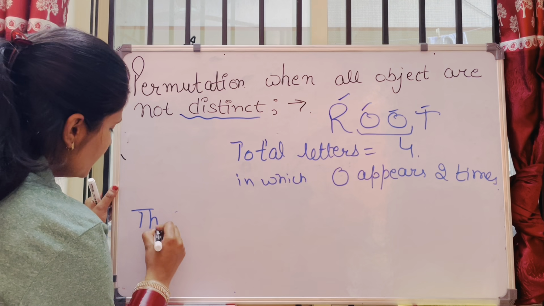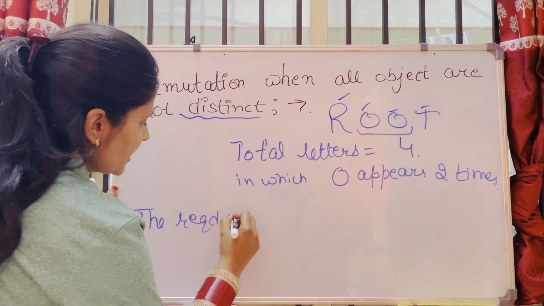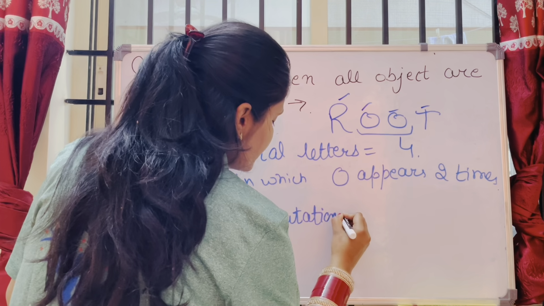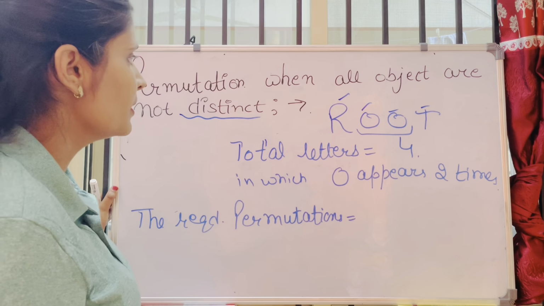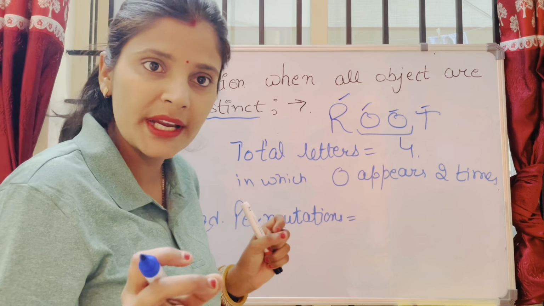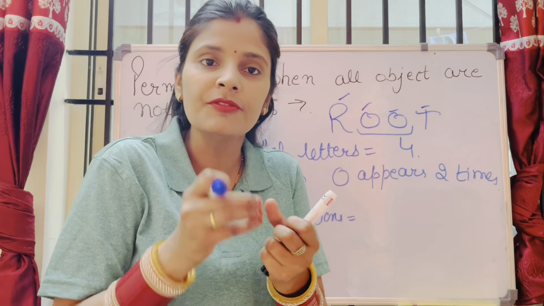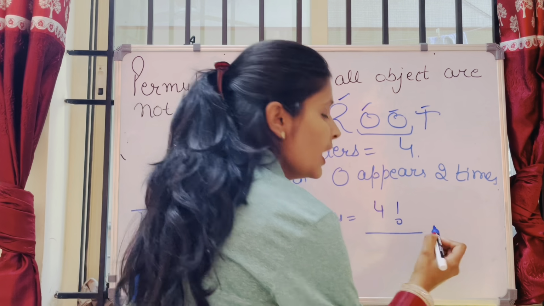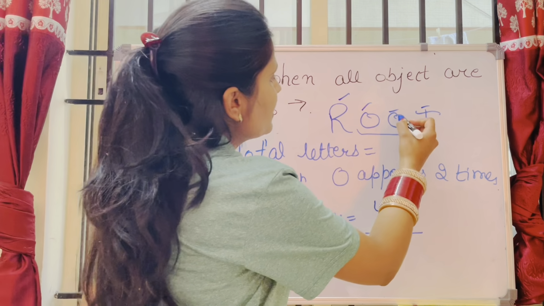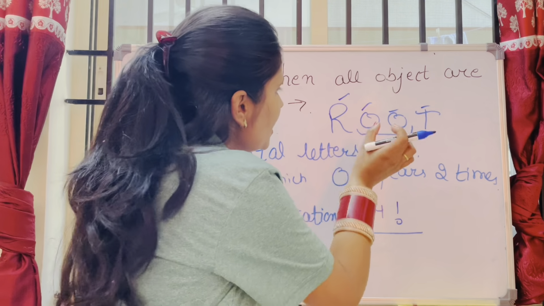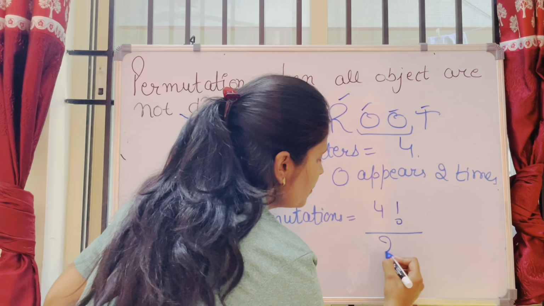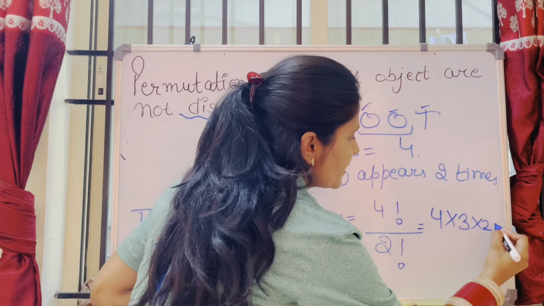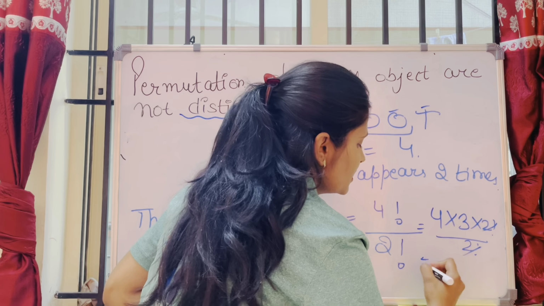So the required permutation, the total number of arrangements, will be equal to, in the numerator always the total number of letters, 1, 2, 3, 4, 4 factorial, upon, and in the denominator, how many elements are repeated? There are 2 elements which are repeated. So upon 2 factorial. So 4 factorial is 4 into 3 into 2 factorial, upon 2 factorial, 4 times 3 is 12.